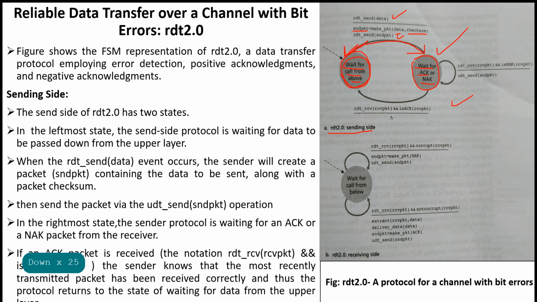If an acknowledgement packet is received, that is the notation RDT receive packet and is acknowledgement received, the sender knows that the most recently transmitted packet has been received correctly, and thus the protocol returns to the state of waiting for data from the upper layer.